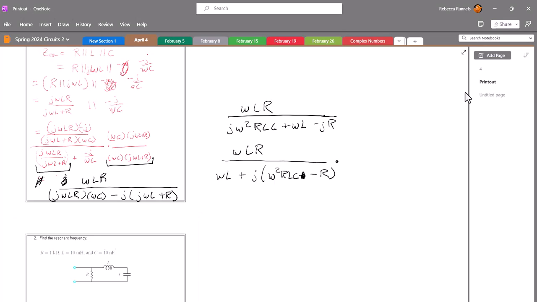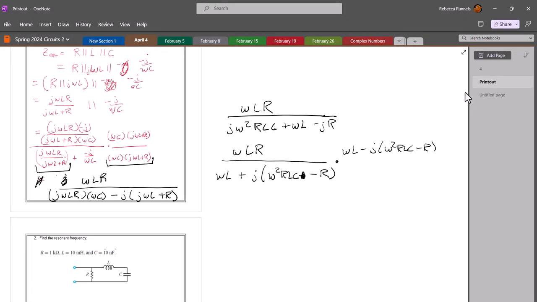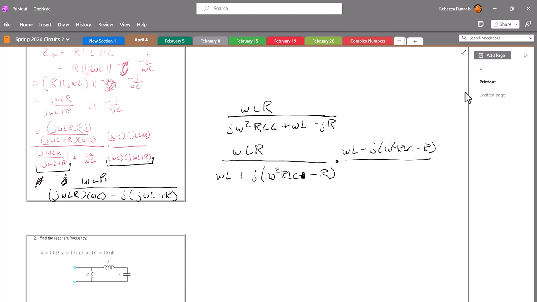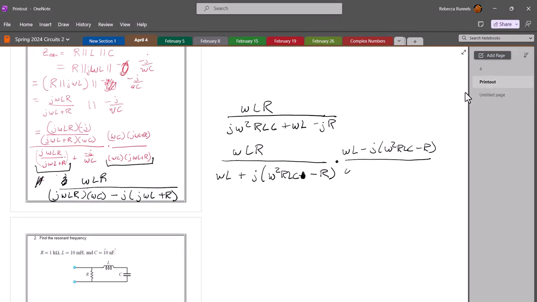And then I'll multiply this by the conjugate, so omega L minus j times omega squared R L C minus R, over omega L minus j times omega squared R L C minus R. I don't care about the denominator anymore because that cannot make it equal to 0, so I just care about the numerator.